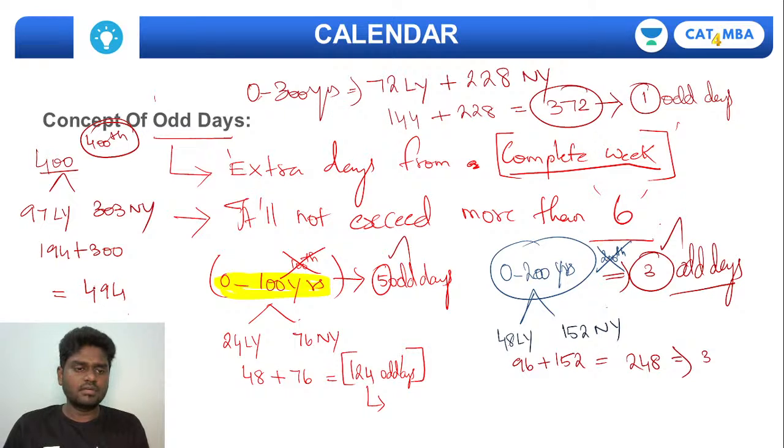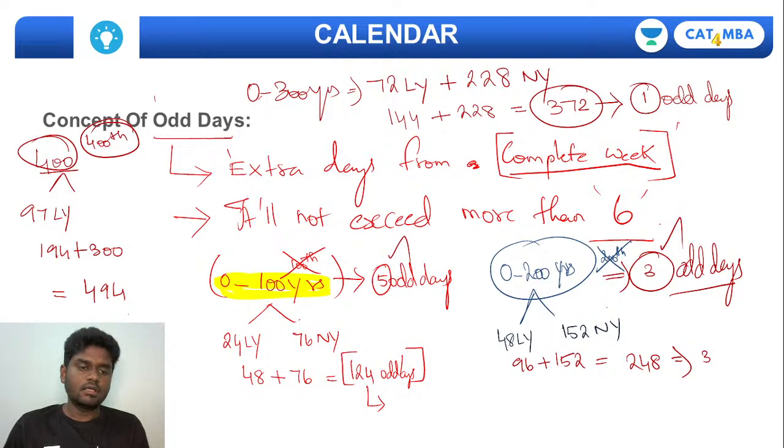What is the mistake which I have done here? For 400 years it means 97 plus 303, right? Be careful while doing this.